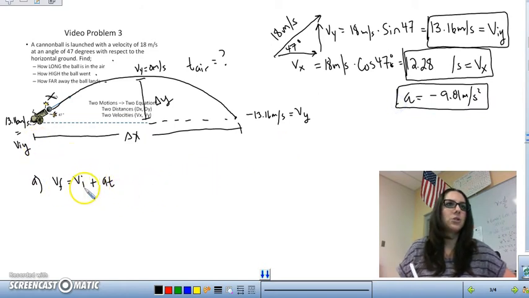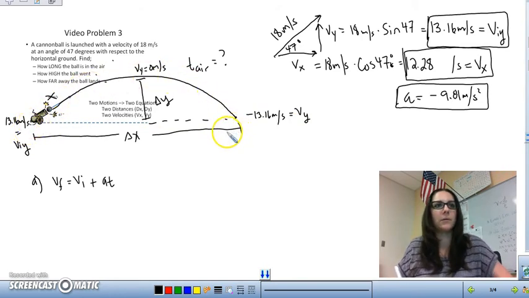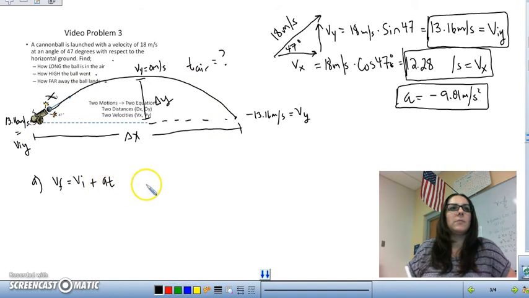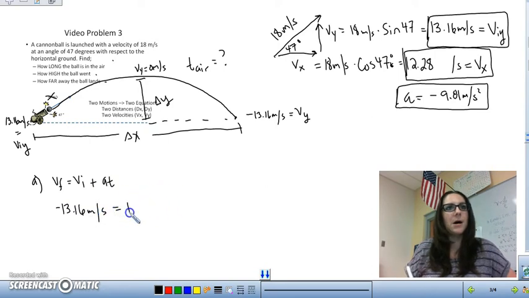So I can choose my initial velocity to be this one right here, 13.16. And then I can choose my final velocity here, and that will give me the total time this ball was in the air. And then I have my acceleration, so negative 13.16 meters per second squared equals positive.